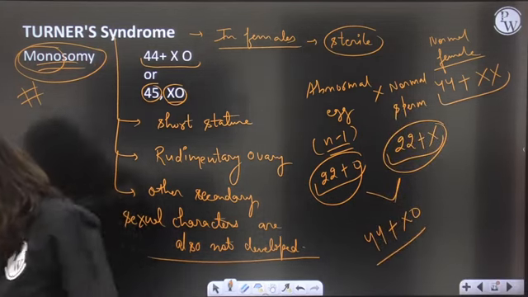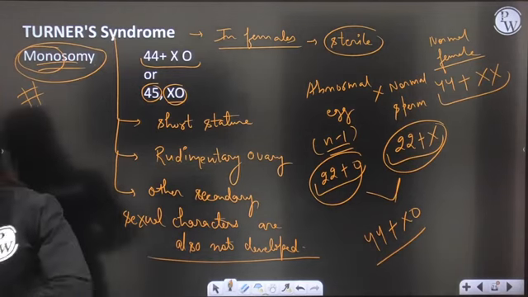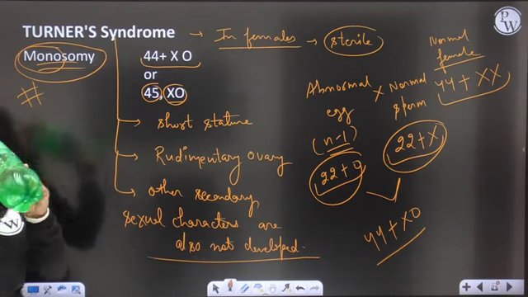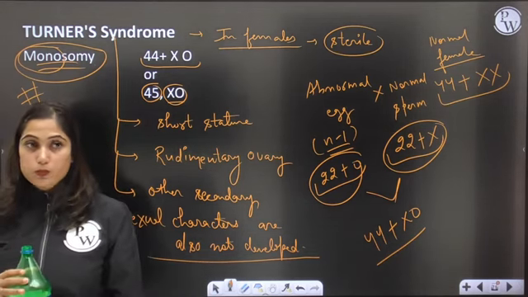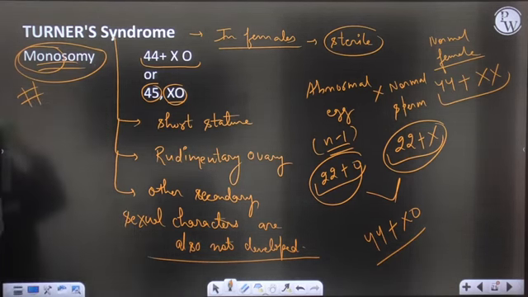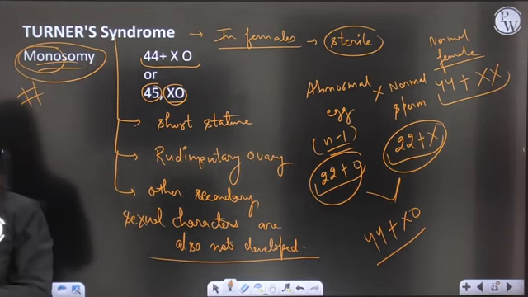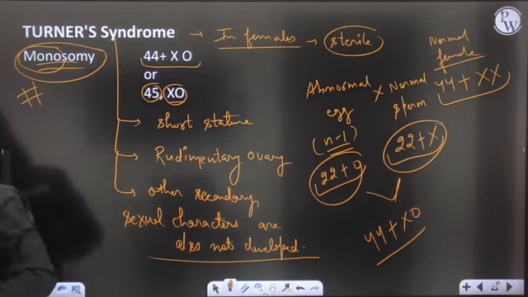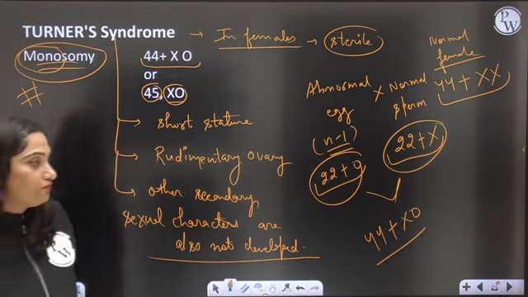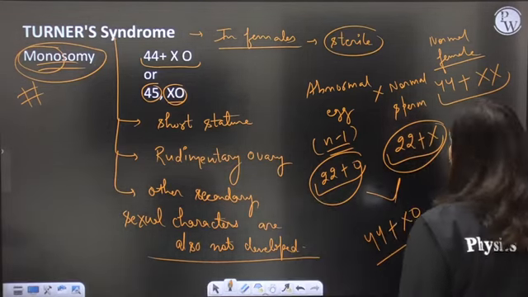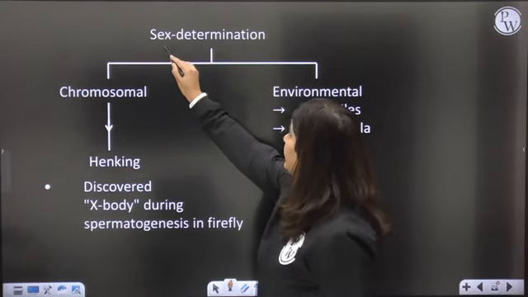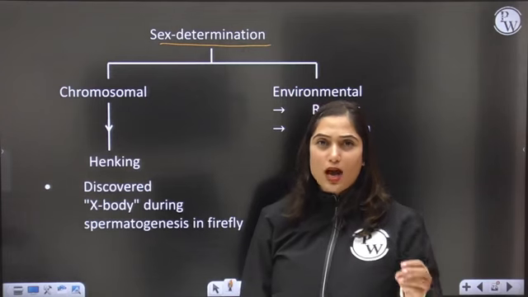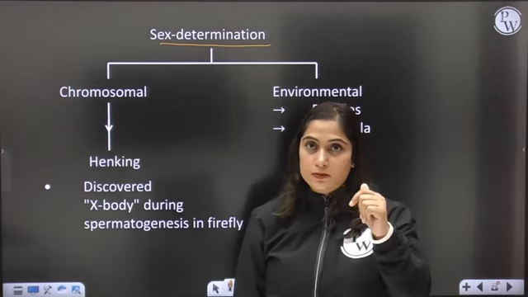So we are done with the genetic disorders now. Now the last part, that is sex determination. Sex determination means how the gender of the progeny is decided in any individual.